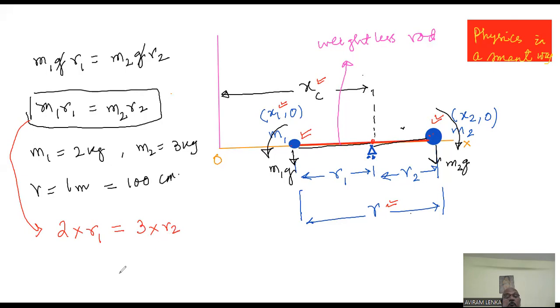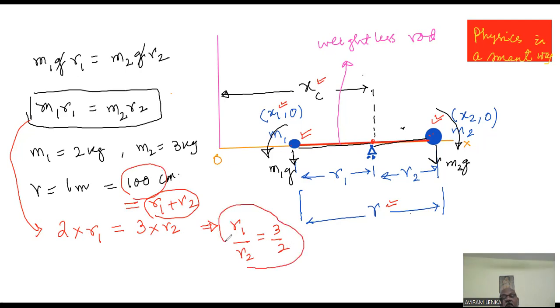So that gives us R1 by R2 equal to 3 by 2. But already you know that R equal to R1 plus R2. R1 plus R2 equal to 100 and R1 by R2 equal to 3 by 2.